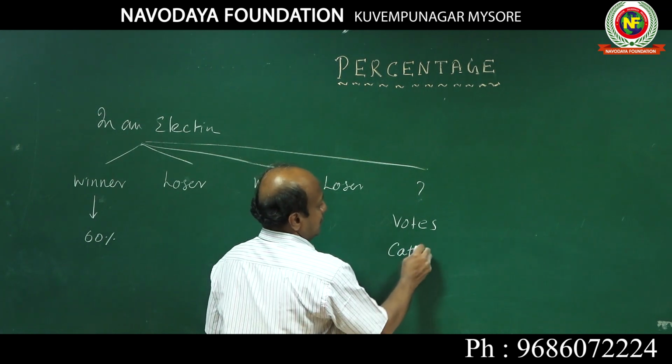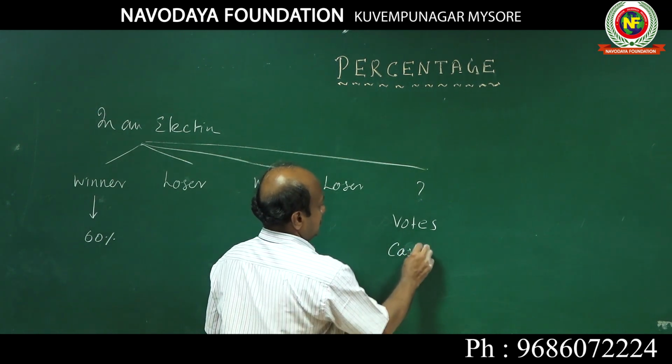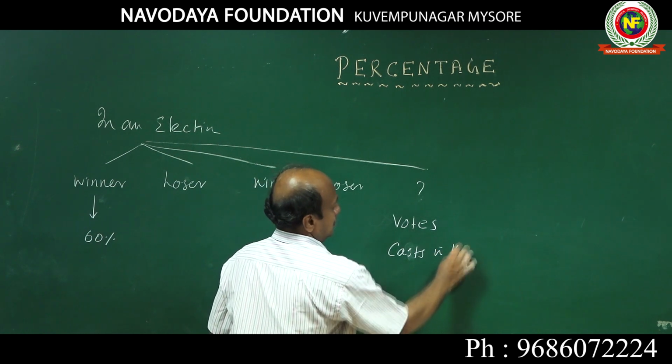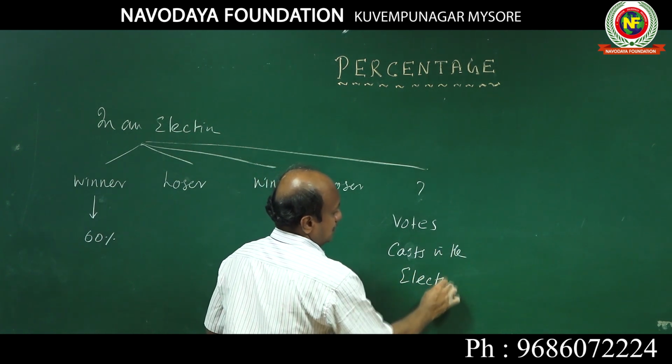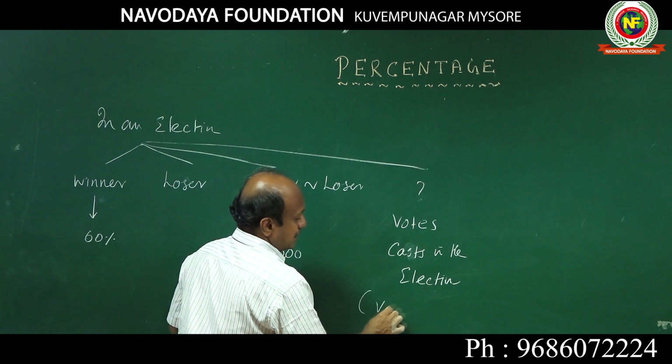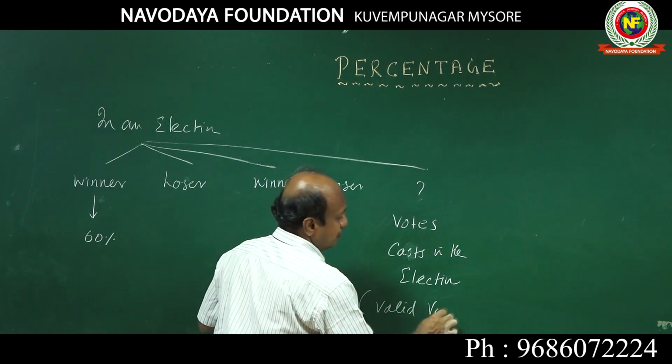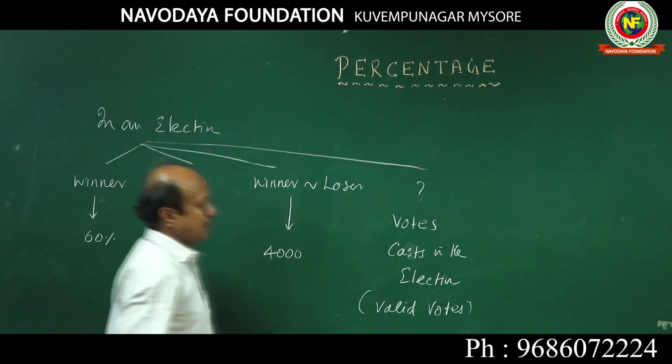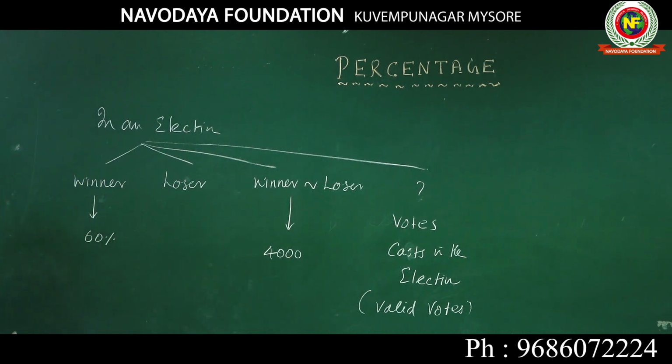How many votes are cast? But the condition is, consider all votes are valid votes.